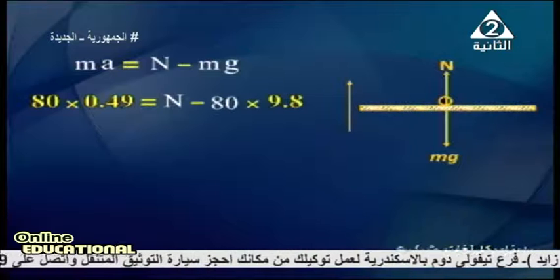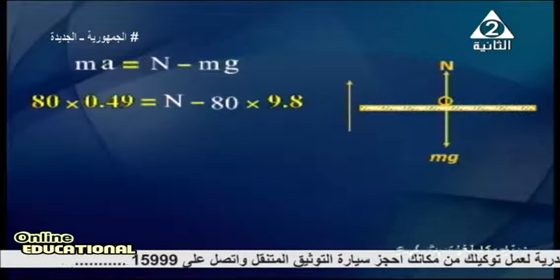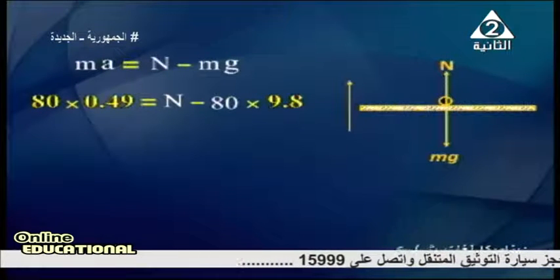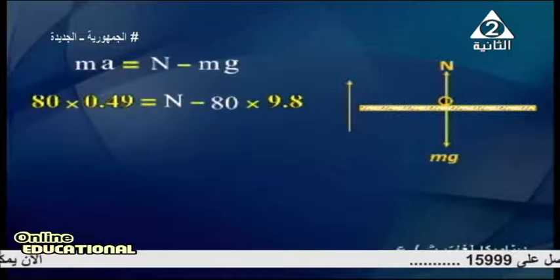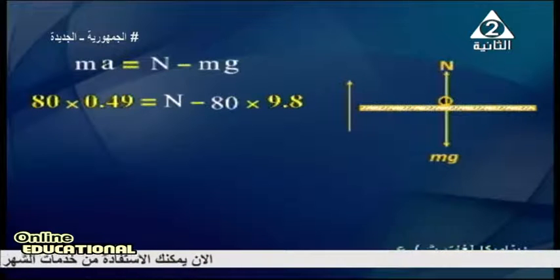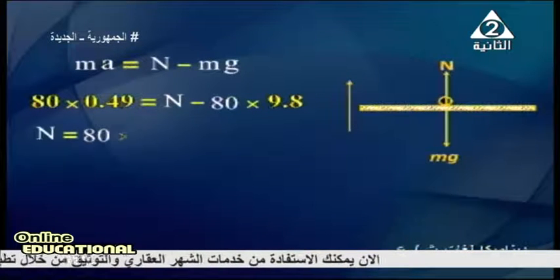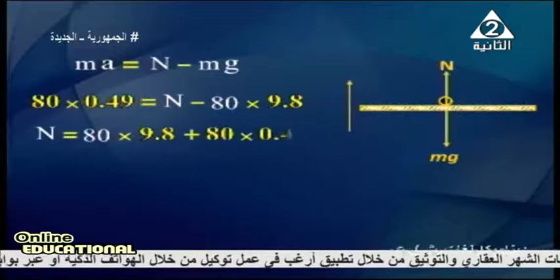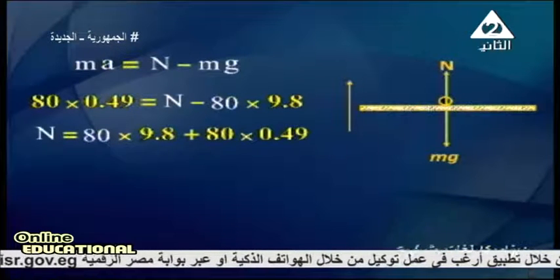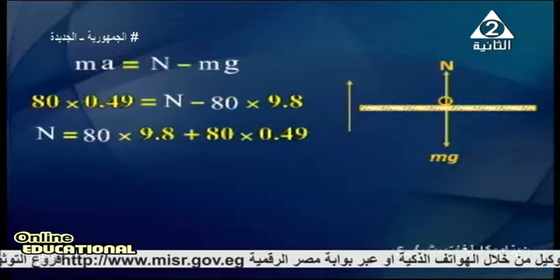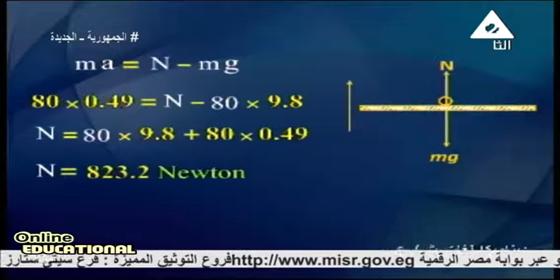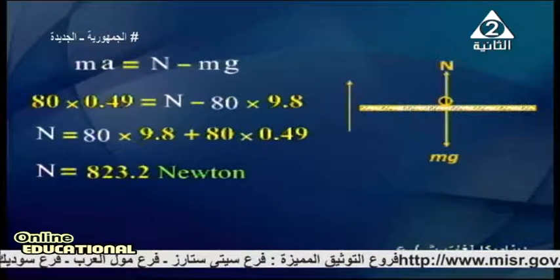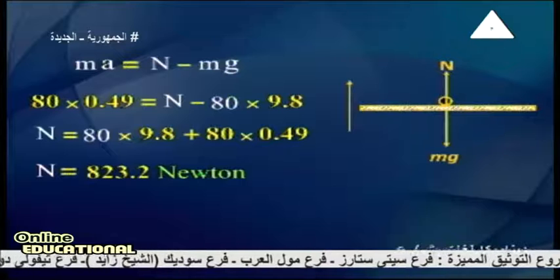N minus 80, the mass of the man, times the gravity g, which equals 9.8 meters per second squared, equals 80 times 0.49. Then N equals 80 times 9.8 plus 80 times 0.49. Then the pressure N equals 823.2 newtons.